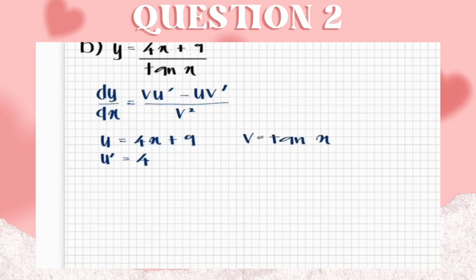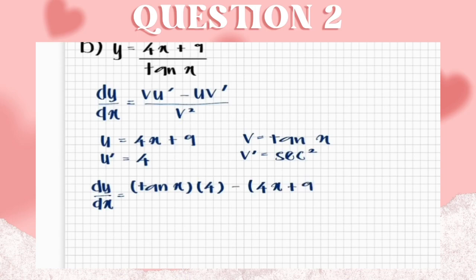To find u prime and v prime, we differentiate 4x plus 9 and tangent x. So u prime equals 4, and v prime, after we differentiate, is secant squared.